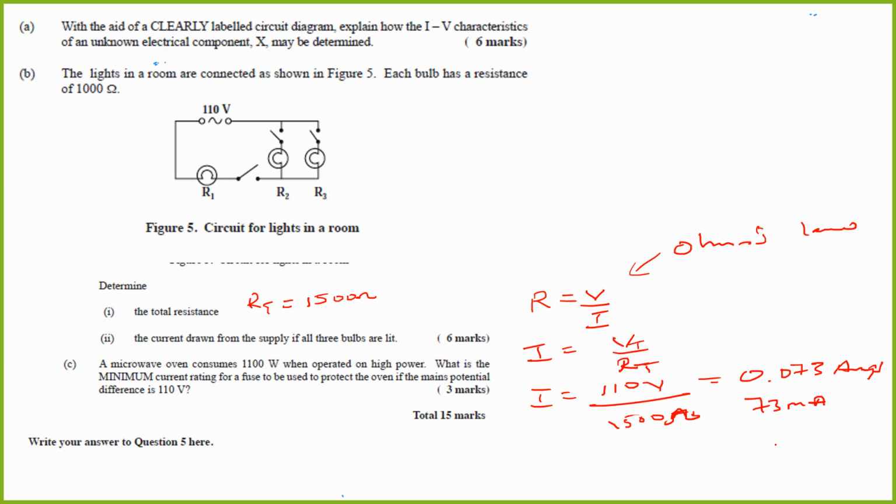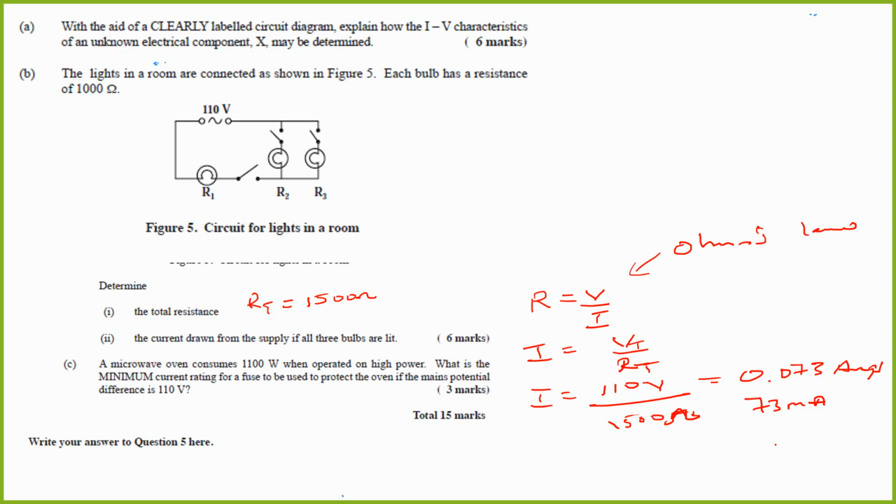Now, the construction of a fuse is basically a piece of wire. What happens is that if the current exceeds a certain value, the wire in the fuse would eventually break if too much current is flowing through it.